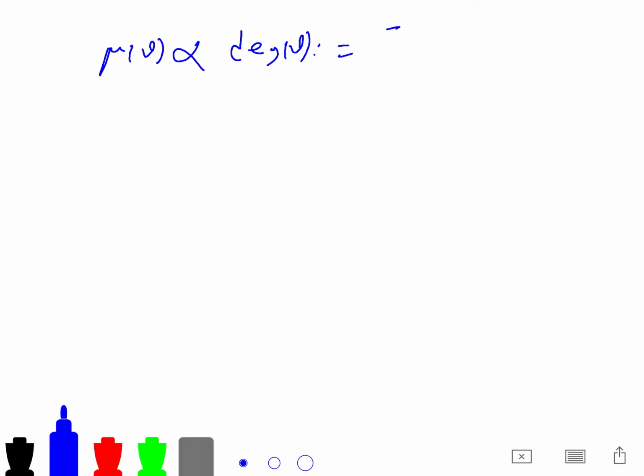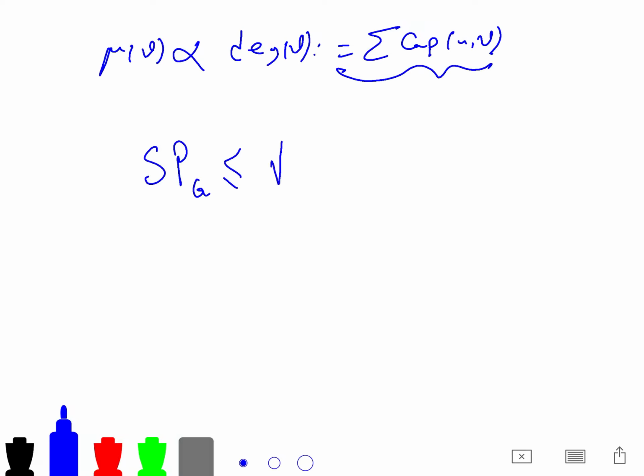But let's say that when mu of V is proportional to the degree of V, so this is just the capacity of U and V. So this is the capacitated degree of V. And the sparsity of your graph is bounded by, we want to prove that this is bounded by 8 opt. And by opt, I mean the sparsity of the optimal cut.